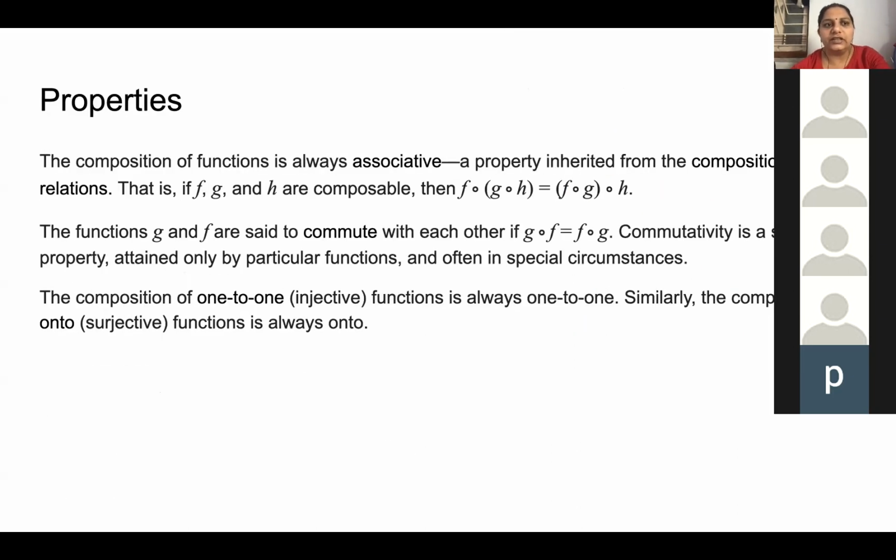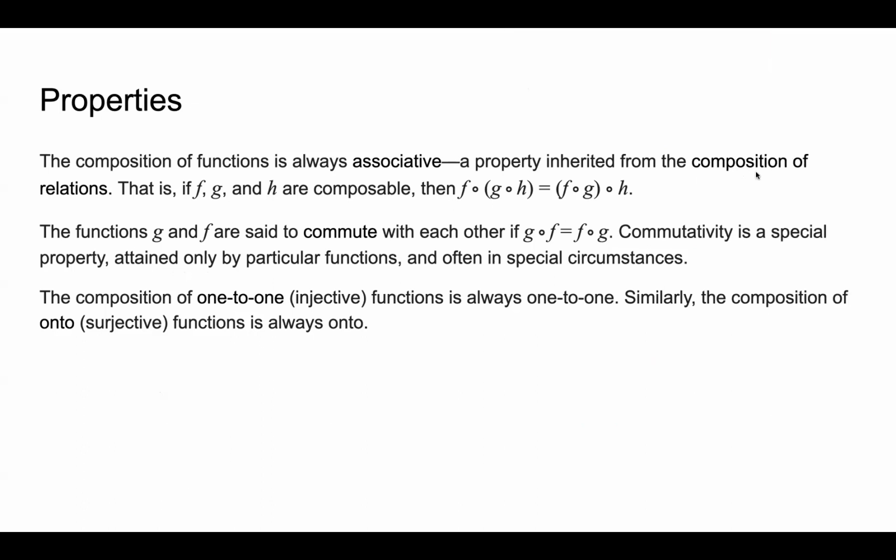It is a property inherited from the composition of relations. The same property is possessed by composition of relations also. If f, g and h are composable, then f composite g composite h is equal to f composite g composite h, grouped in either way.